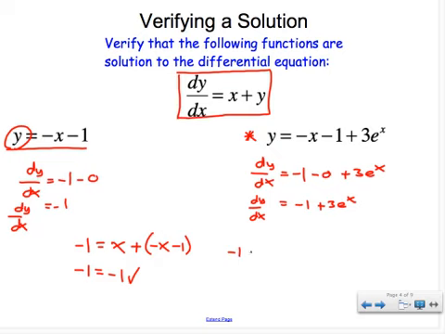So negative 1 plus 3e^x is equal to x plus the original y, which was negative x minus 1 plus 3e^x. And when I simplify this, the x's cancel, and I have negative 1 plus 3e^x, and that was equal to the left side of the equation. Okay, so two different functions that satisfy the differential equation. We know that there are an infinite number of solutions because of the plus C, and there are two examples.